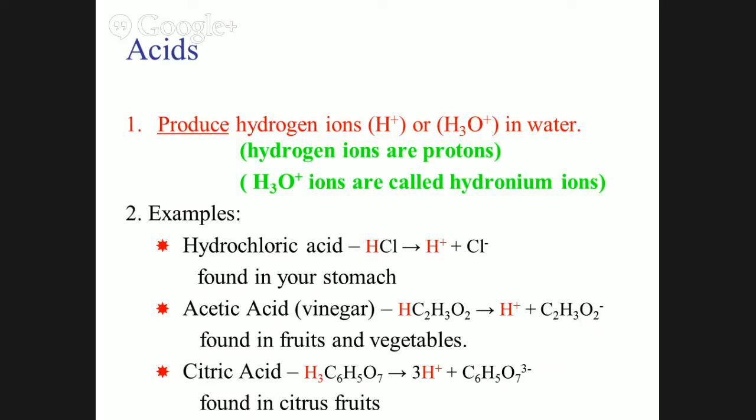So hydrochloric acid, HCl, splits apart into H+ and Cl- ions, so one hydrogen in that case. Same thing for acetic acid. We have the acetate ion, C2H3O2-, negative one charge, so only one hydrogen ion. But notice that the citric acid has 3 hydrogens to match the negative 3 charge of the citrate ion.